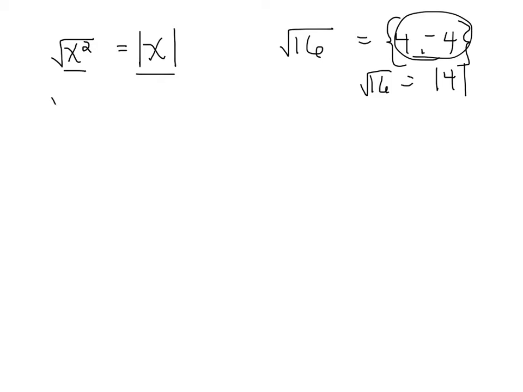The square root of x to the 3rd. Well, we know we can only take the square roots of positive numbers. Therefore, if I'm taking the square root of x to the 3rd, it must be a positive number. And that means that x itself has to be a positive number.